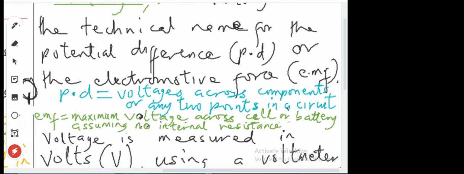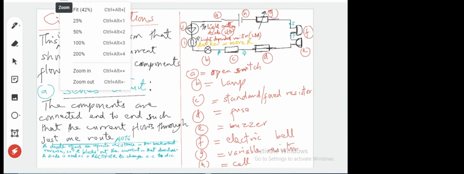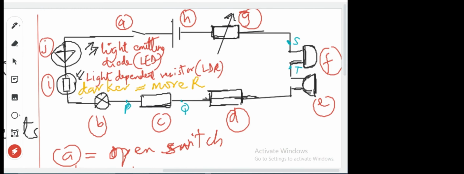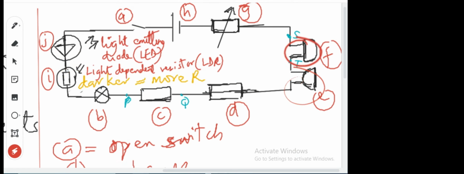So in any given loop, you'll be wondering why I have to specify any given loop. Because there can be several loops. Incidentally, this one has only one loop, what we call a series circuit. I won't jump the gun, we'll get there. In any given loop, when you add up all the PDs across these components, it will be equal to the EMF.